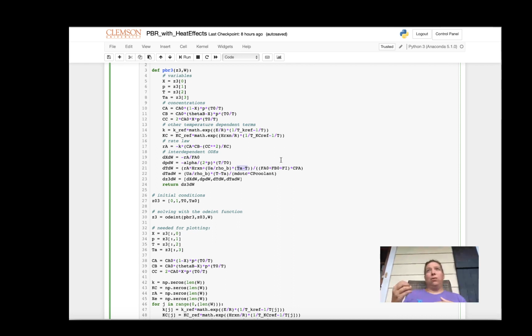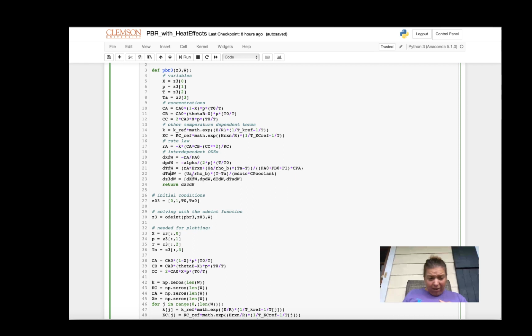So heat transferring to the system should increase the temperature, whereas heat transferred away from the system should decrease the temperature. So given that the system is, in this case, the reactor fluid and the surroundings are the coolant, whereas here the system is the coolant and the surroundings are the reactor fluid, we switch these in this parentheses.